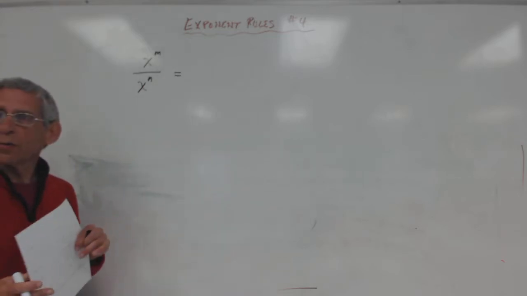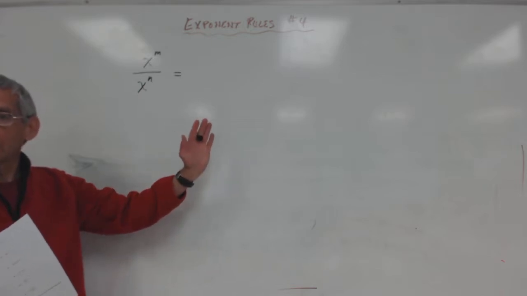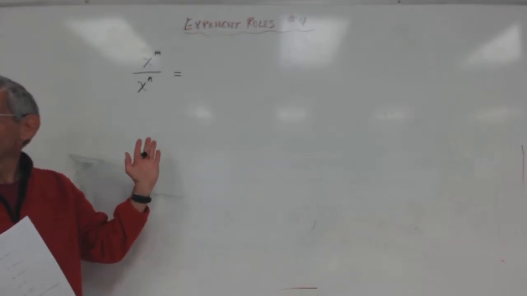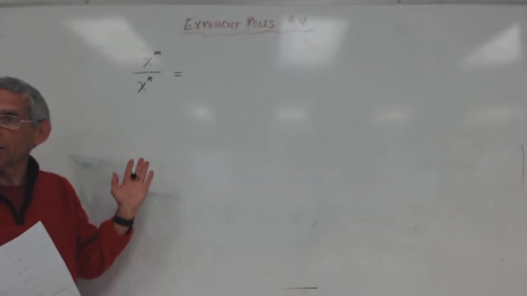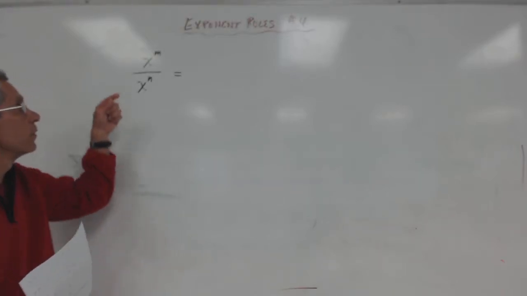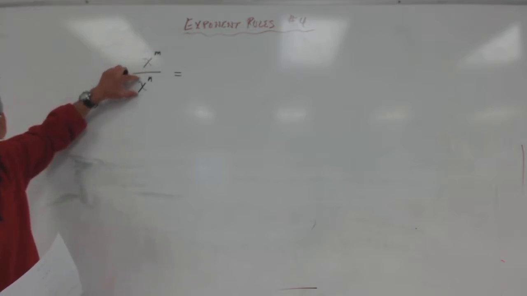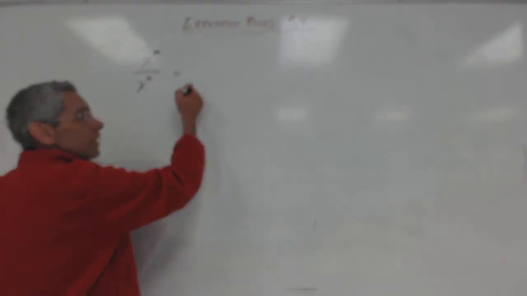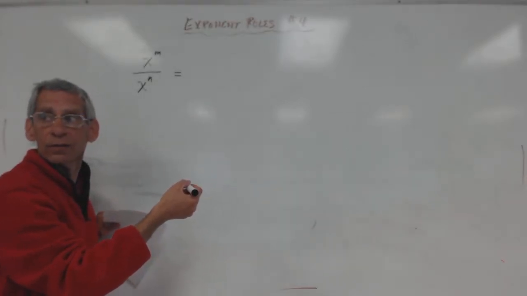Remember, when you have same bases and you're multiplying, you add the exponents. When you have same bases and you're dividing, meaning a fraction is a division problem, right? Every fraction is a division problem. This is x to the m divided by x to the n. The answer is, instead of adding the exponents, you subtract the exponents.